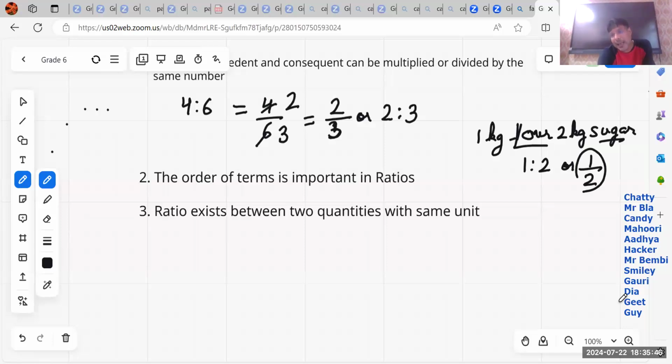But can I say that flour is half of the total dish I made? I cannot say that because it's just a ratio between two ingredients. There will be many more ingredients also. There can be milk also, ghee also. That is the meaning of ratio. It's just a comparison between two things.